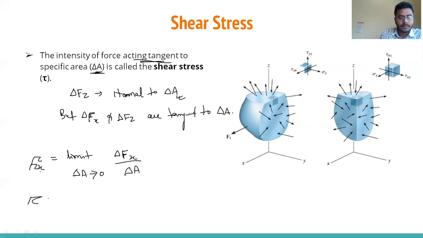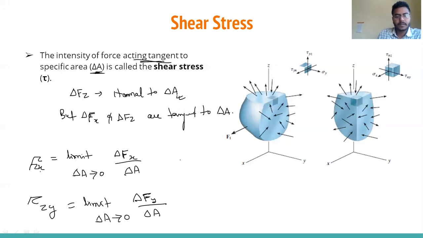Similarly, we can write tau zy. On this plane, the limit as delta A goes to 0, delta F, what? We cannot write z because z is normal to this delta A. So we will write delta Fy. So these are the shear stresses.